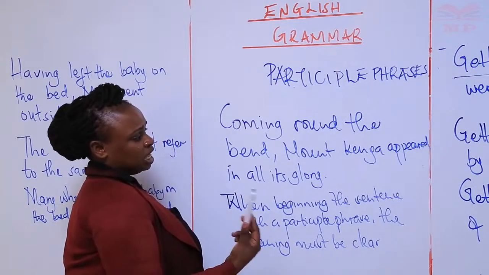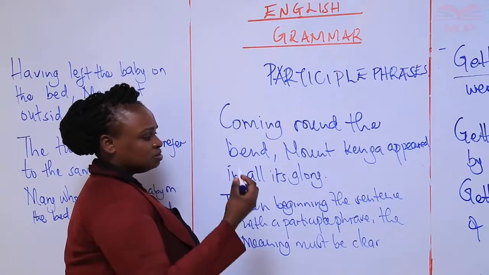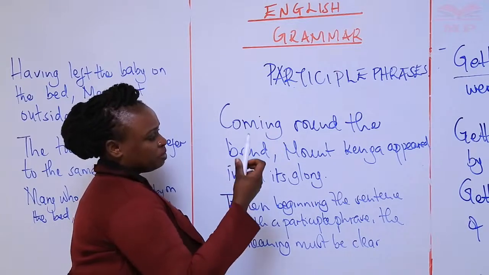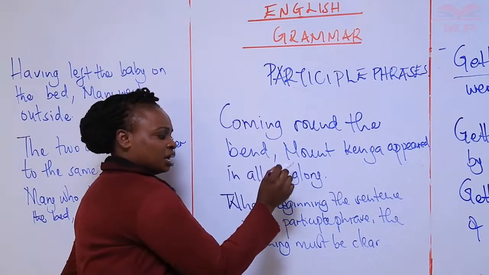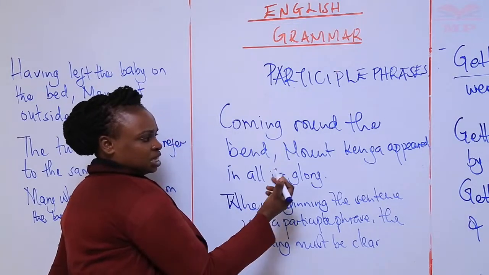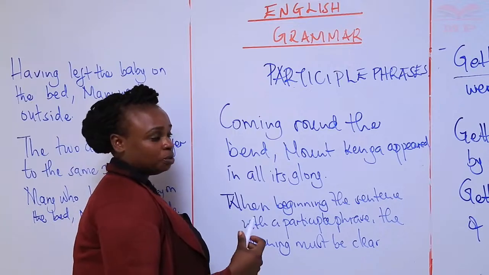There's no way that Mount Kenya has legs that it has started coming round the bend. So it's very important that we should be able to combine the sentences by making one a participle phrase, yes, but now we should be careful with what? With the meaning that we're trying to pass across. All right, so that we avoid the idea of the dangling participle phrase.